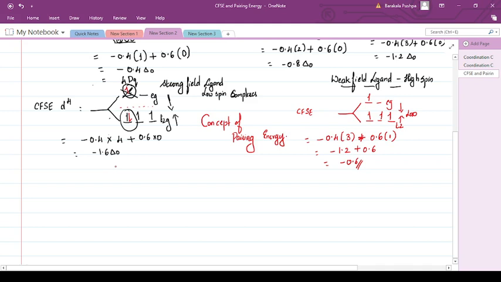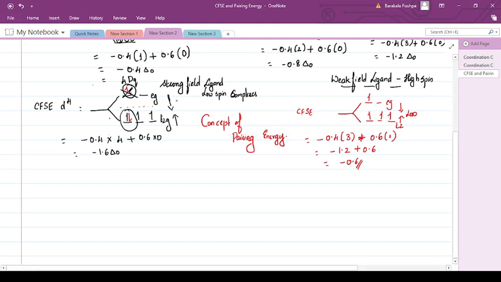How will you define this pairing energy? All the 4 electrons can occupy either the T2G level or can jump into the EG level. The actual configuration may be decided based on the delta O and the pairing energy, that is, the energy required to pair the electron with one another, is called pairing energy.